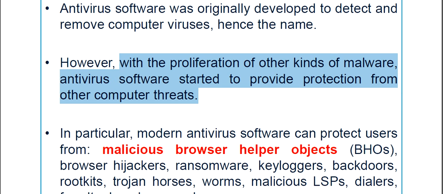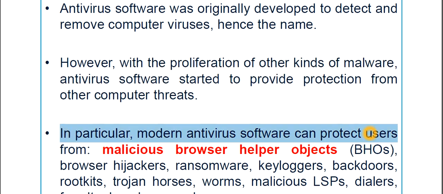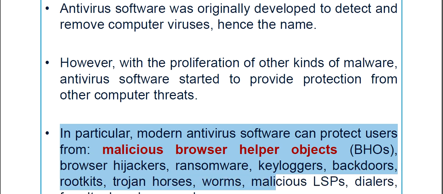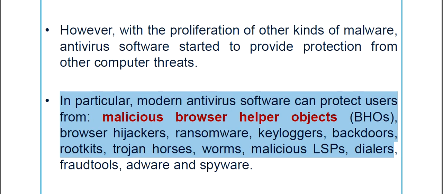threats also. In particular, modern antivirus software can protect users from malicious browser helper objects, that is BHOs, you may note it down, browser hijackers, ransomware, keyloggers, backdoors, rootkits, Trojan horses, worms, malicious LSPs, dialers, fraud tools, adwares, and spyware. So they are different other threats.